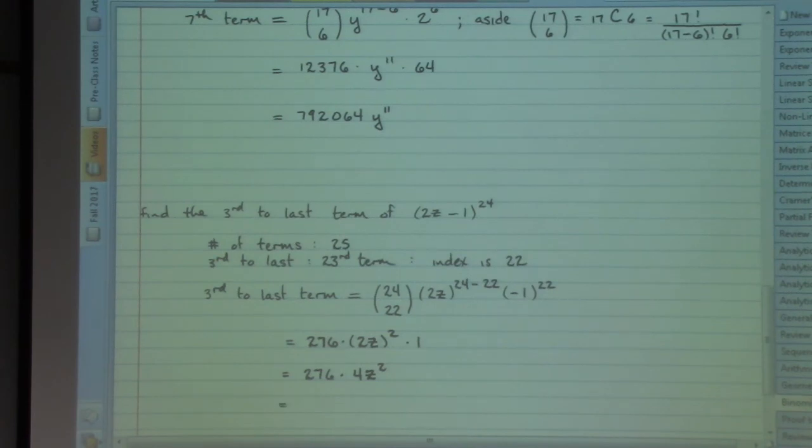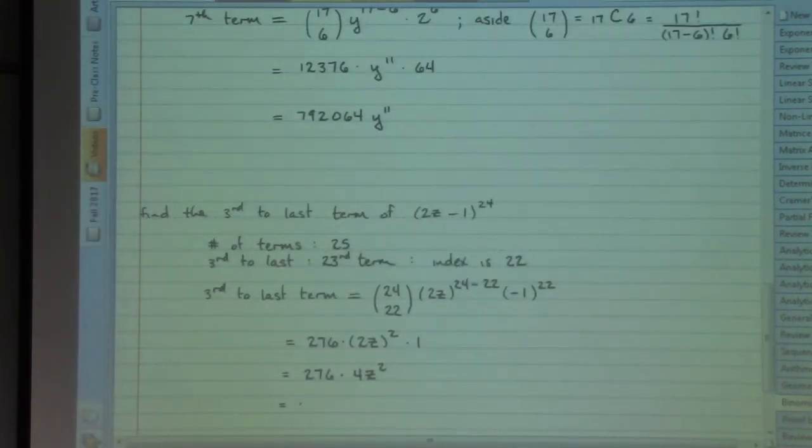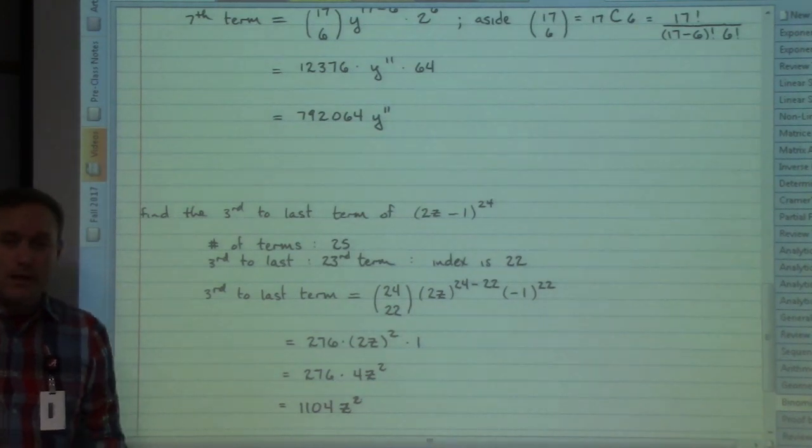And so 276 times 4 is 1104. So our final answer here would be 1104 z squared. That would be our third to last term for this particular binomial expansion.